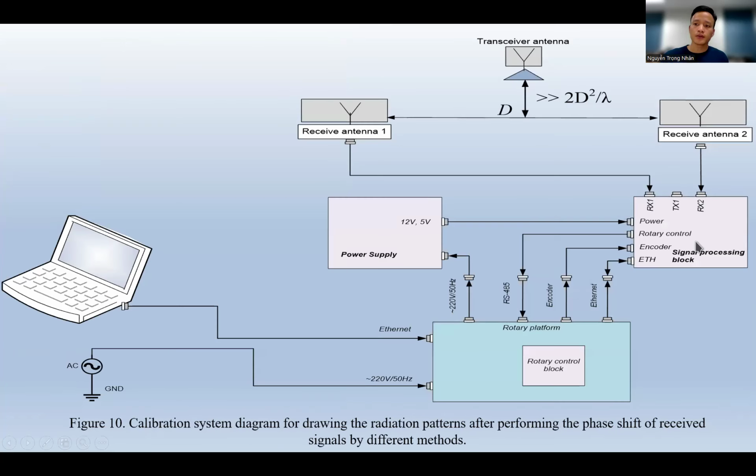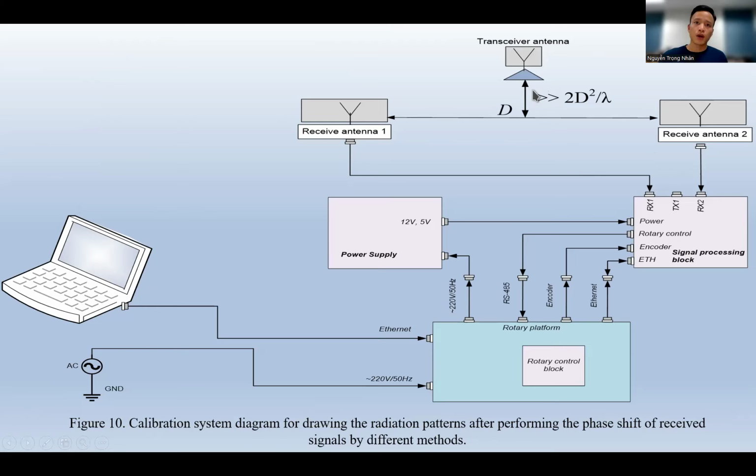Figure 10 demonstrates the calibration system for drawing the radiation patterns of the proposed array after performing the phase shift of received signals by different methods. In this case, the transceiver antenna and the calibration antennas are distant from each other in the far field region.